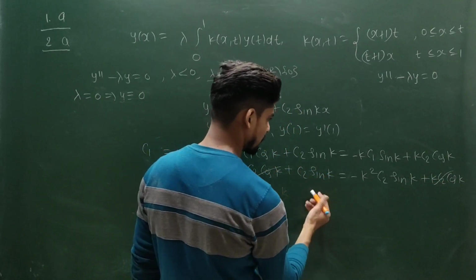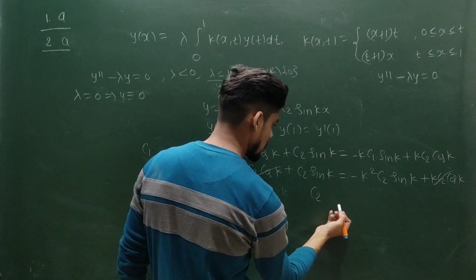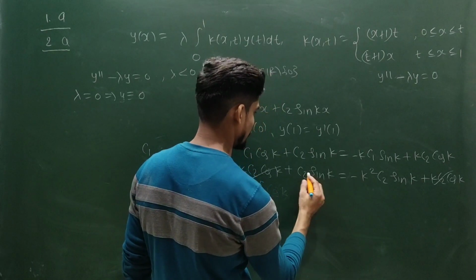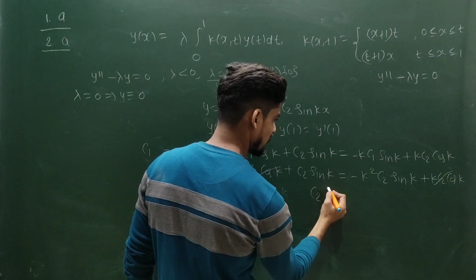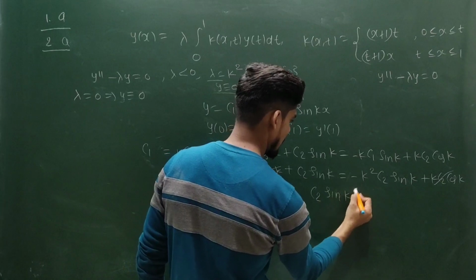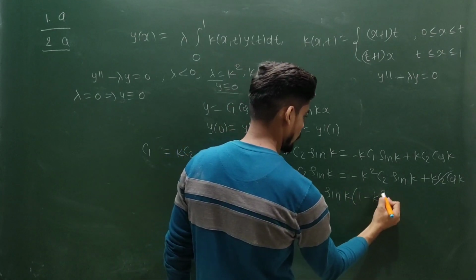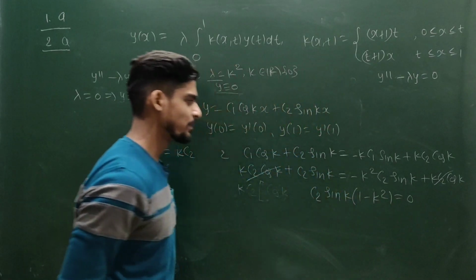So I will be having c2 common out, and I will be having sin k common out, 1 minus k square is equal to 0. I will have this.